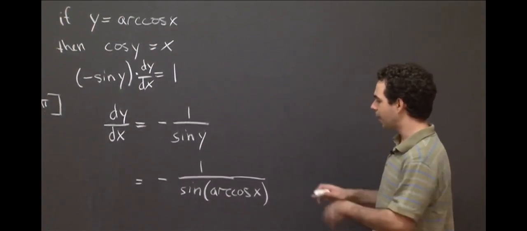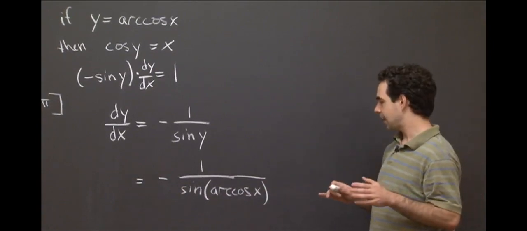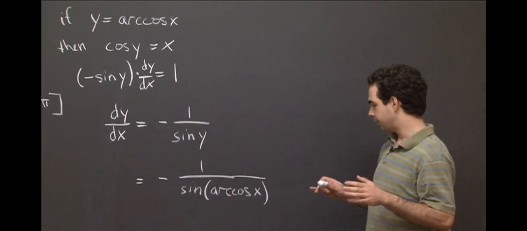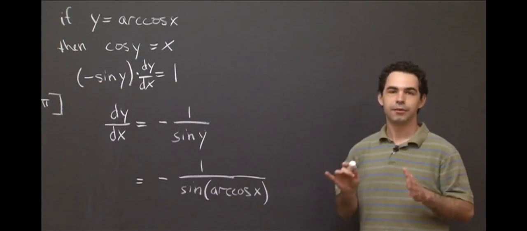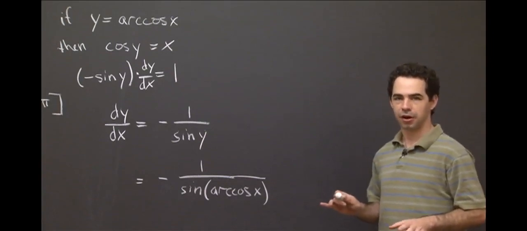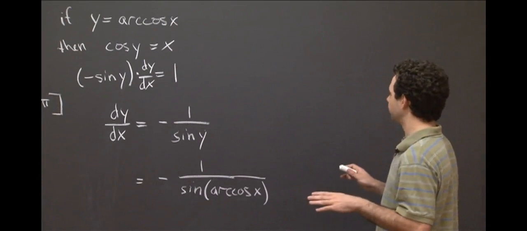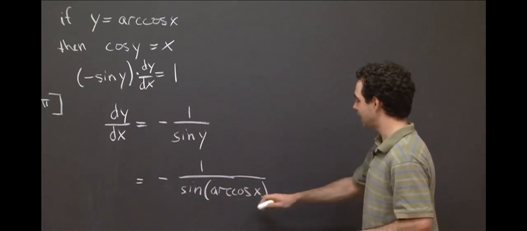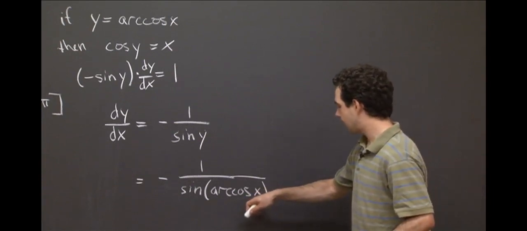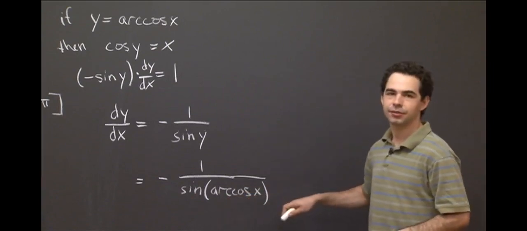So I'm going to appeal here to the case where x is between 0 and 1. So then we have a right triangle that we can draw. In the other case, you can do a similar argument with the unit circle, but I'll just do this one case. So arccosine of x, what does that mean?